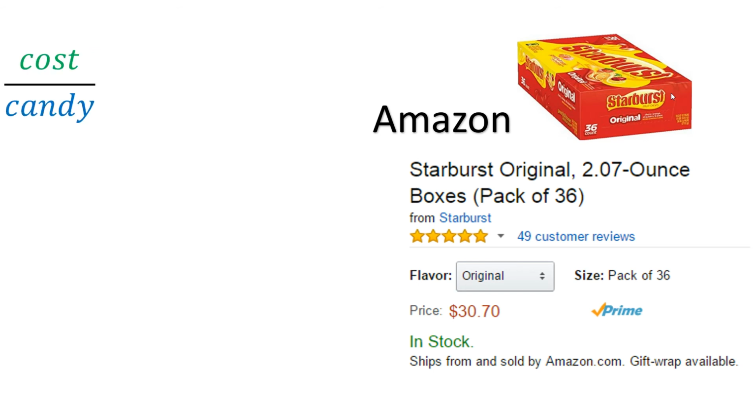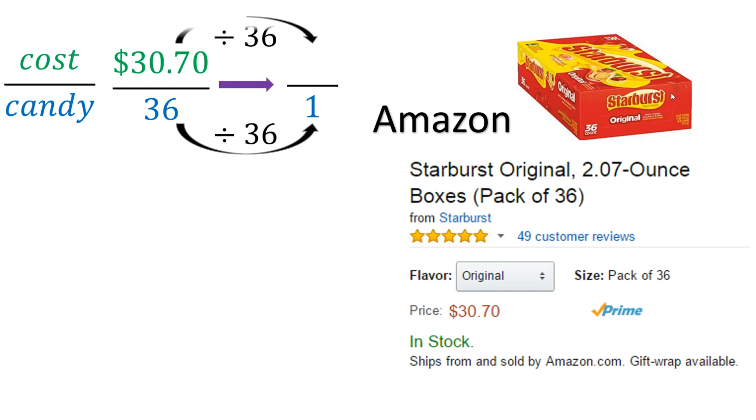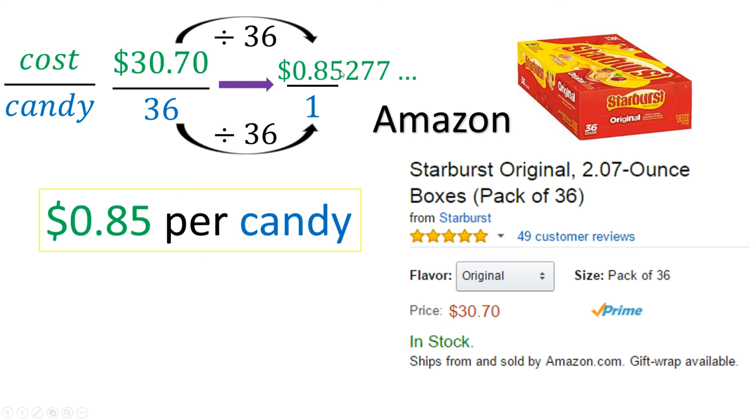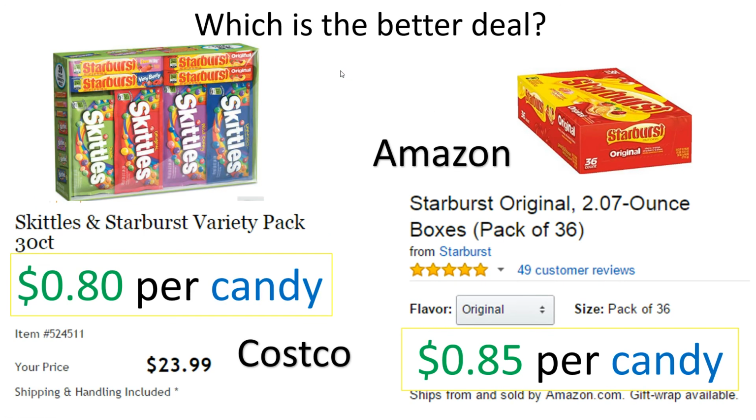Now in Amazon, we have the cost being $30.70 over 36 pieces of candy. So to get 36 to become a 1, we divide by 36. $30.70 divided by 36 is 0.85277, and then this continues on in the calculator also, but we're rounding to the nearest cent, so it is 85 cents per item of candy.